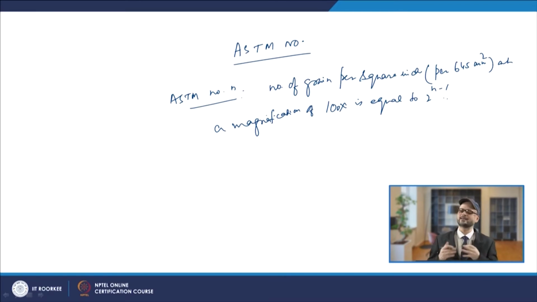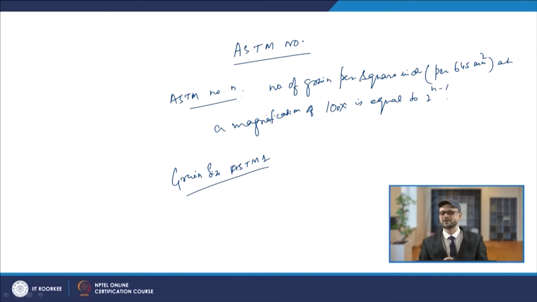So, if you take any area, you are doing the magnification at 100x, and that too for 645 mm square. If you go for the grain size ASTM 1, it will be 1 grain per square inch. So, 2 raised to the power 1 minus 1 is 2 raised to the power 0, that is 1.